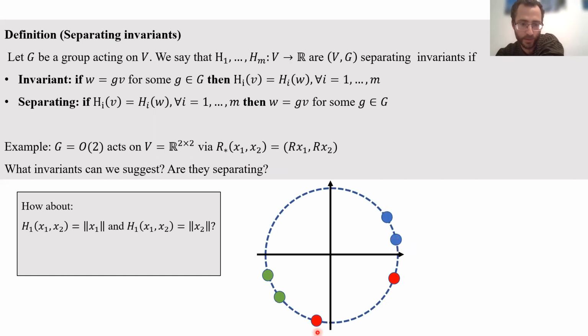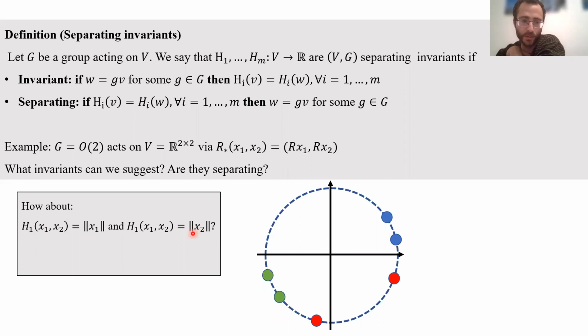For example, this pair of blue points is basically an element in capital V, and you can rotate it to get the two green points, but not to get the two red points, right? However, with respect to the two invariants we just defined, the norm of the first and second row, column, whatever, you get the same result.